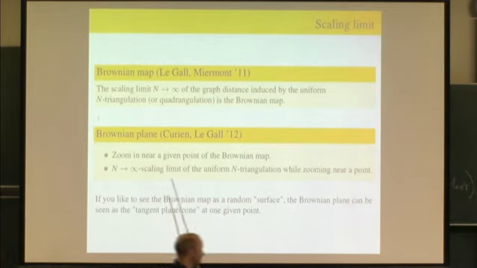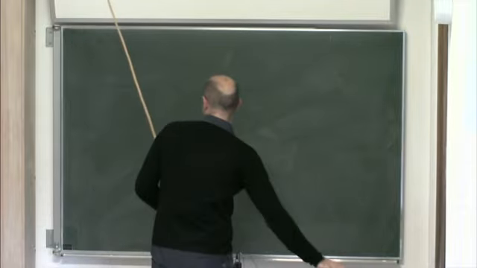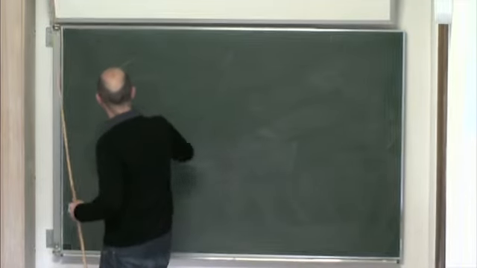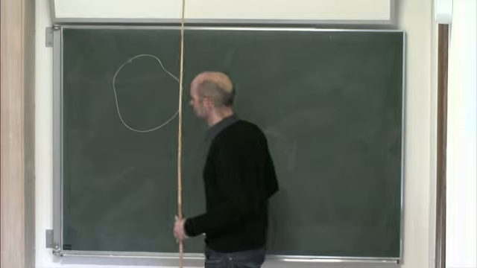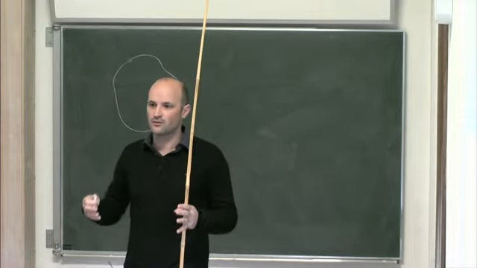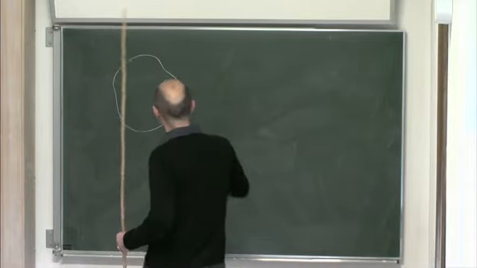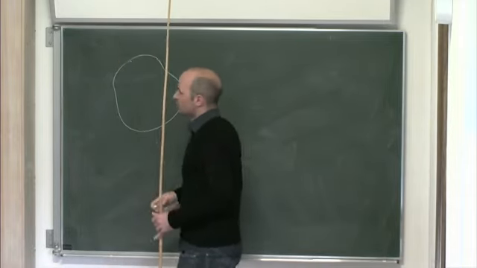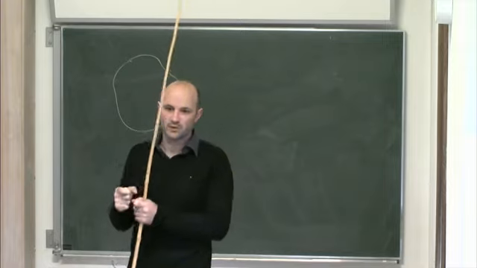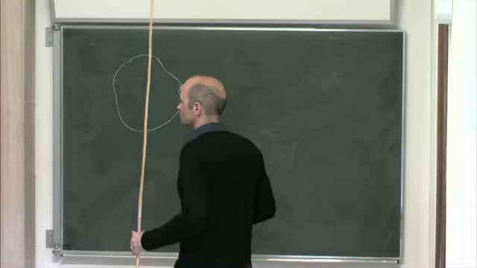If you want to have an intuition of what it is, just try to imagine that you have your Brownian map. If you like to think of it as a random Riemann surface, you take a point and you zoom very near this point, and you get something which is called the Brownian plane.